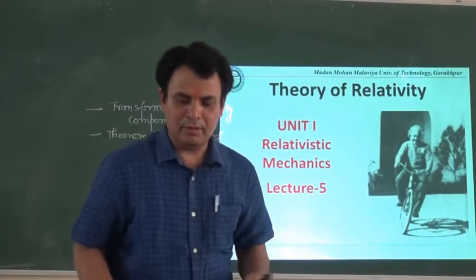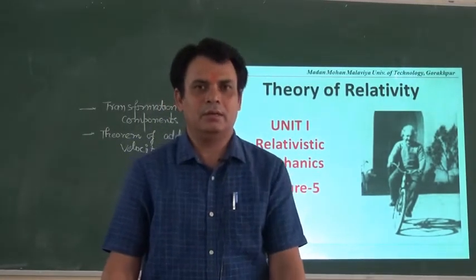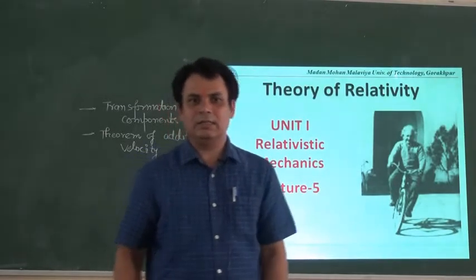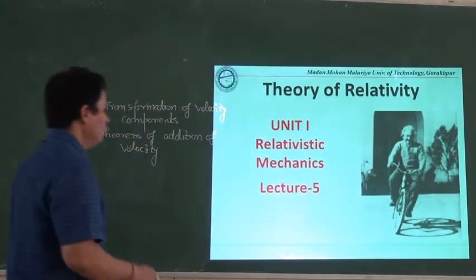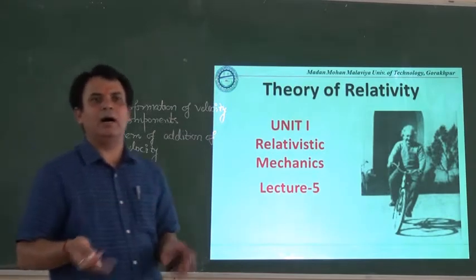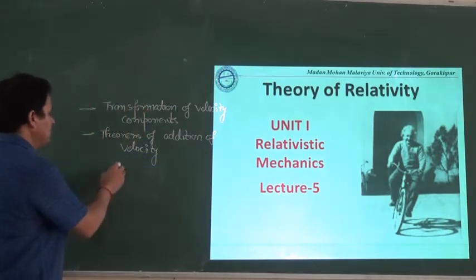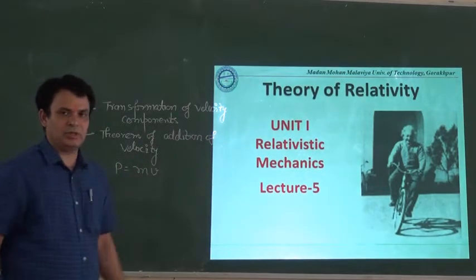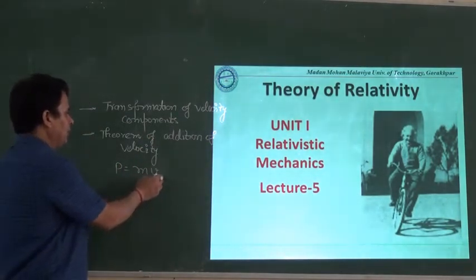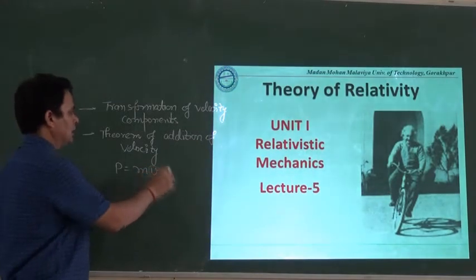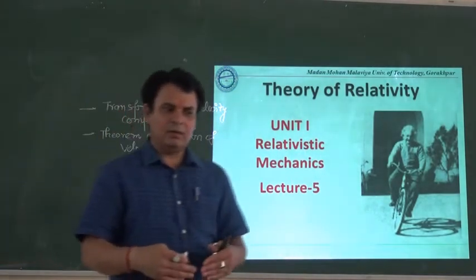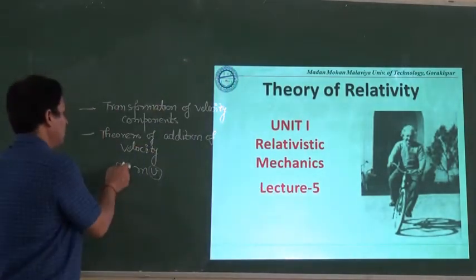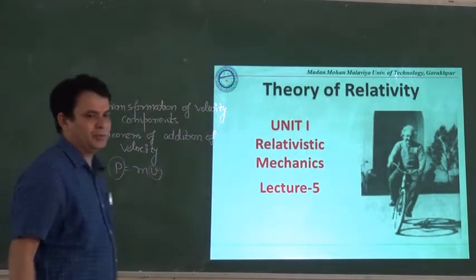And later on we will also see in the same lecture that if velocity remains no longer constant, then what will happen to the momentum of a particular particle, because we know that P is equal to mv. For example, this expression is here. If this v is not constant and is changing with the change of frame of reference, then the law of conservation of momentum will be in trouble.